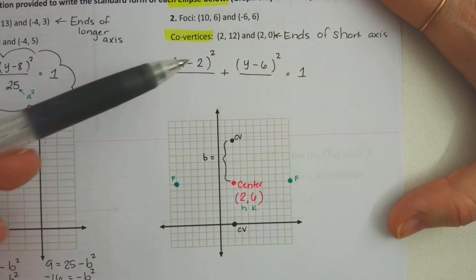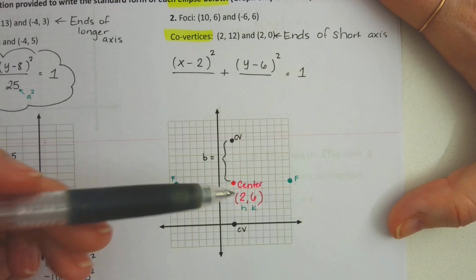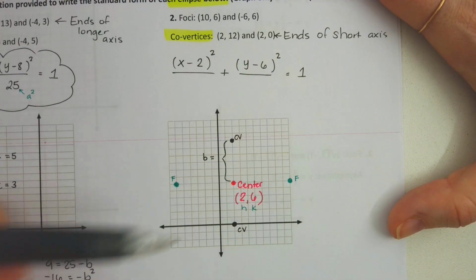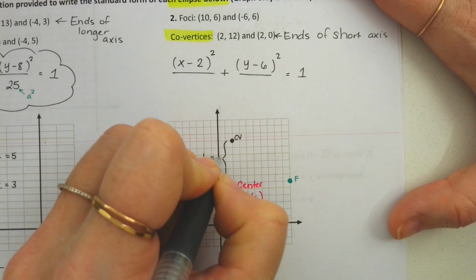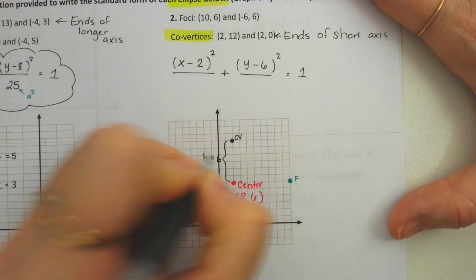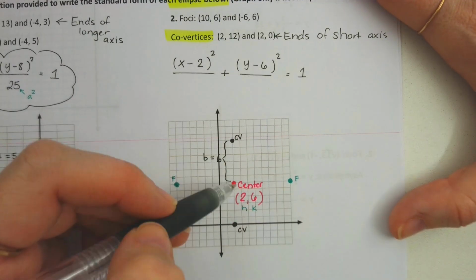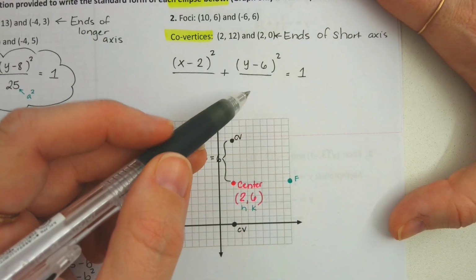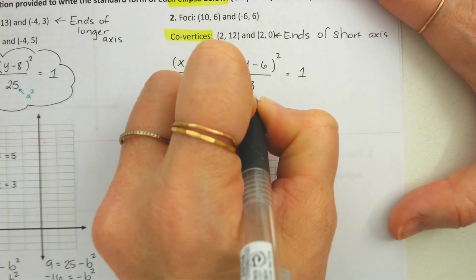But which variable are we going to put that under? Y. Very good, because we counted up and down. So how much we counted up and down will be our b. Anyone count it yet? What'd you get? 6. Very good. So if b is 6, that's going to go underneath y, because that's how much we counted in the y direction. Do we put a 6 or do we put something else? 36, right, because it should be your b squared.